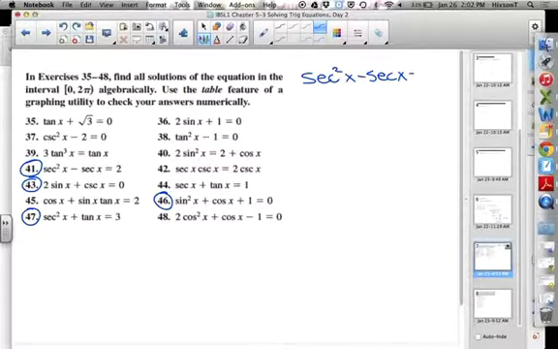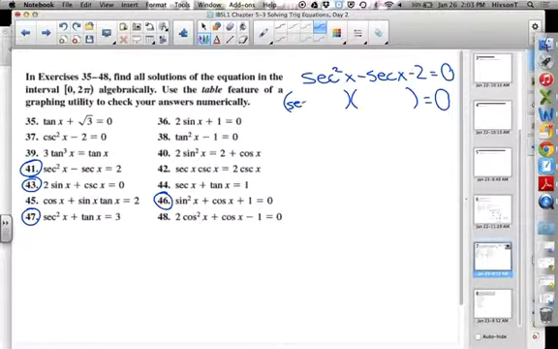So I'm going to go ahead and get it equal to 0 by subtracting the 2 first of all. Okay? And then we have to think, okay, how do we solve a quadratic equation? We can do the quadratic formula or we can factor. I would recommend factoring in this case because it's a relatively simple one here.